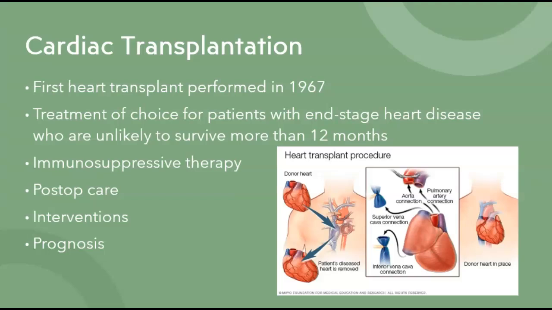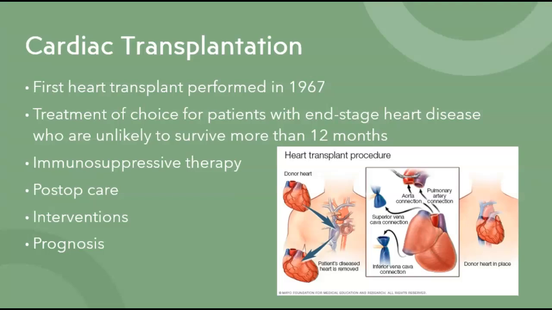Post-op care, they might have endomyocardial biopsies after the surgery to get an idea of whether or not the body's going to reject that new heart. And they'll also check white blood cells, red blood cells, really those T lymphocytes to check the immune status, and that goes along with the rejection and how the body is responding.